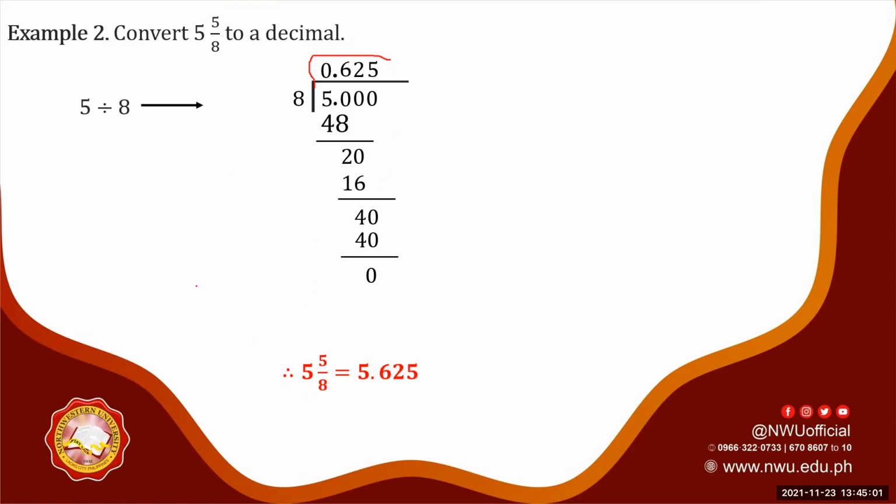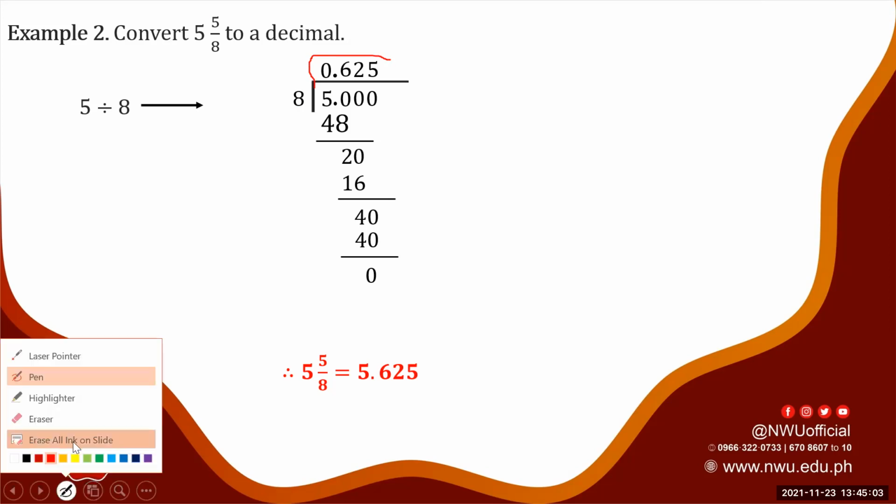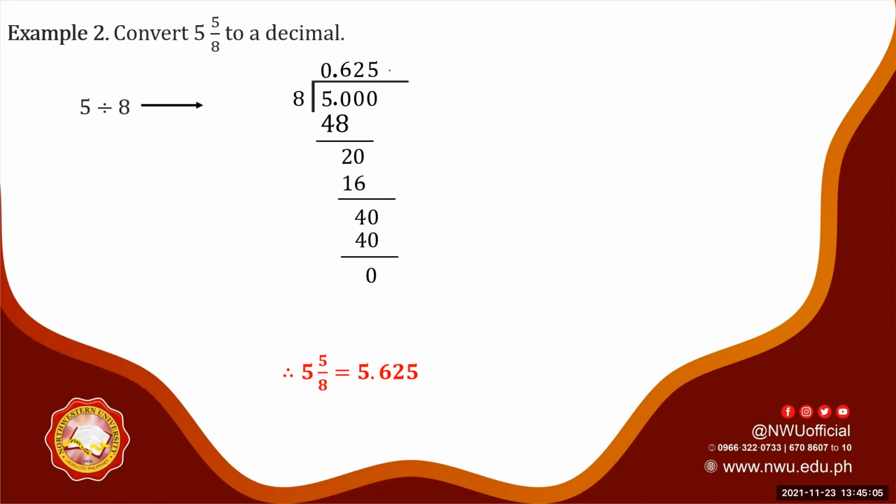What I mean is, even if you keep dividing, you will keep getting values. For example, you have 1 and then 3 and your answer still does not end in 0. That's the time that you can stop by rounding off your decimal number to 3 decimal places. So you can stop here.